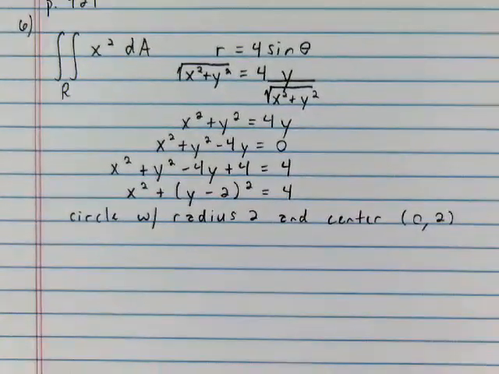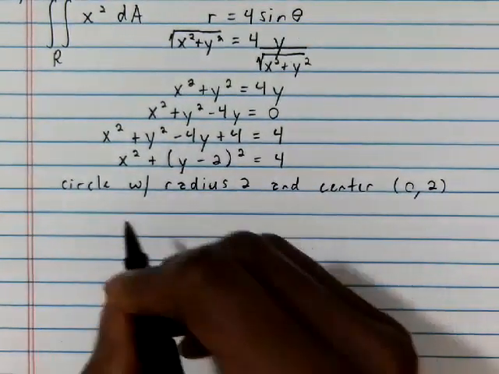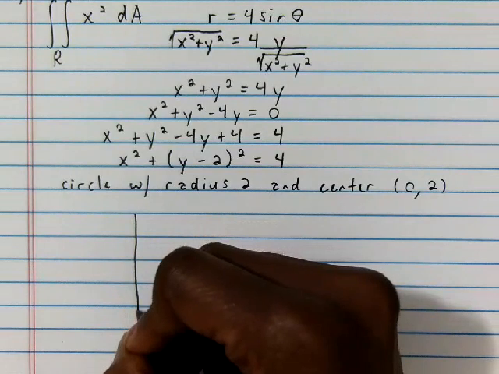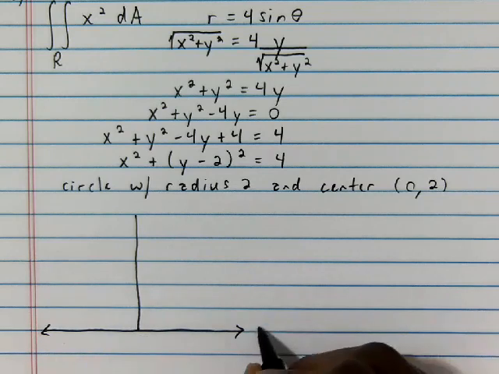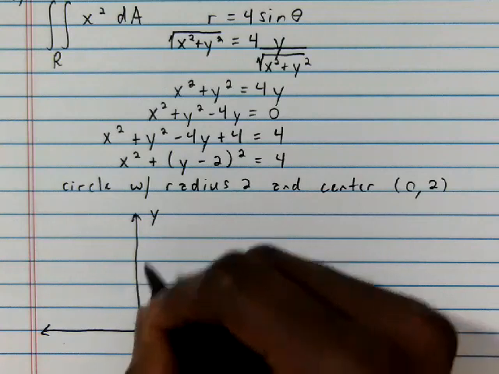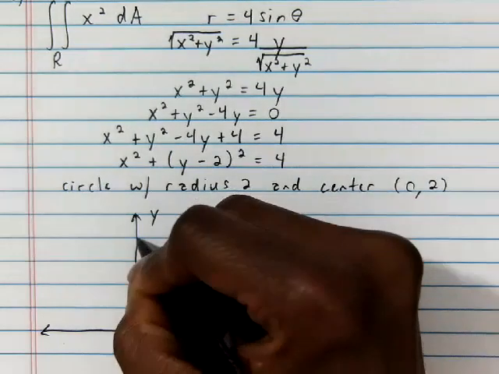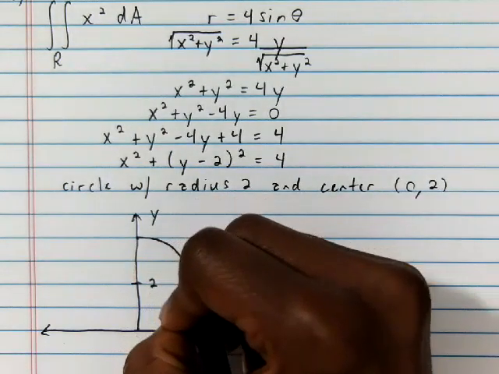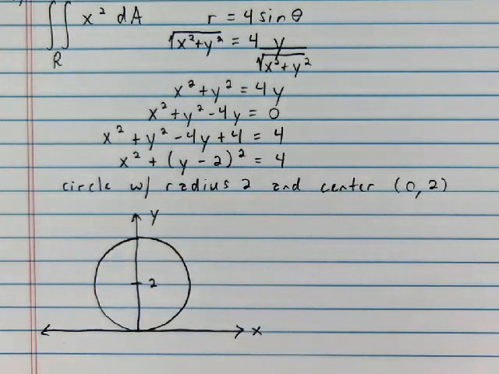All right, so now we can sketch our region. In the XY plane, our center was (0, 2) and our radius is 2. So we're going to get a circle that looks like that, and that's our region R.